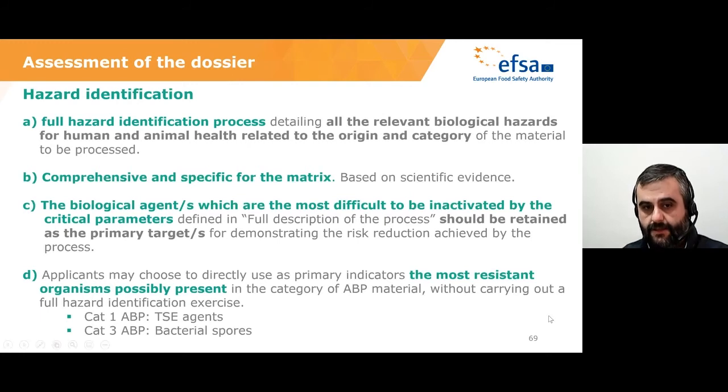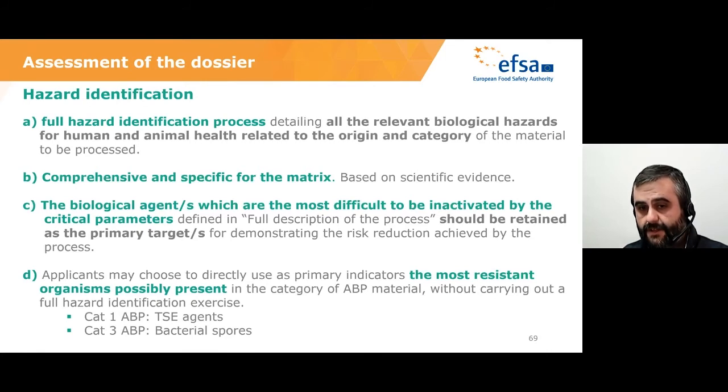Again, I remind you, as I explained previously, that the applicant may choose to directly use as primary indicators the most resistant organisms probably present in the category of ABPs that is being used or that wants to be used in the method. For category 1 ABPs, that is always the case.